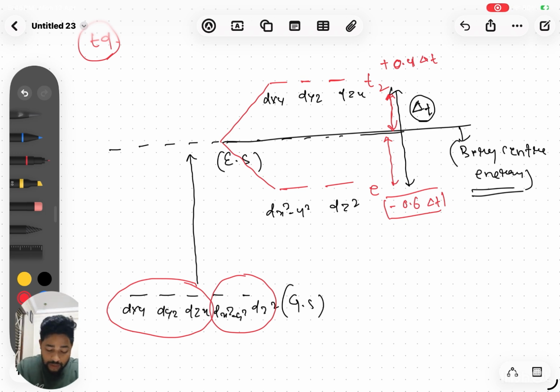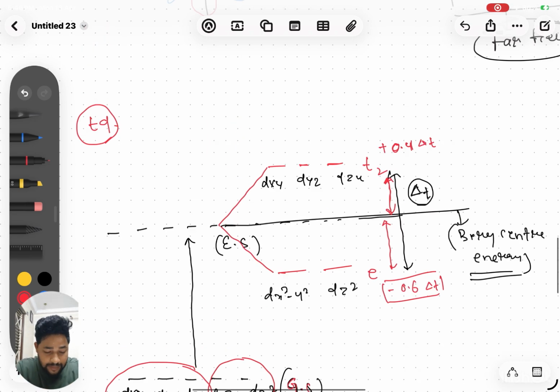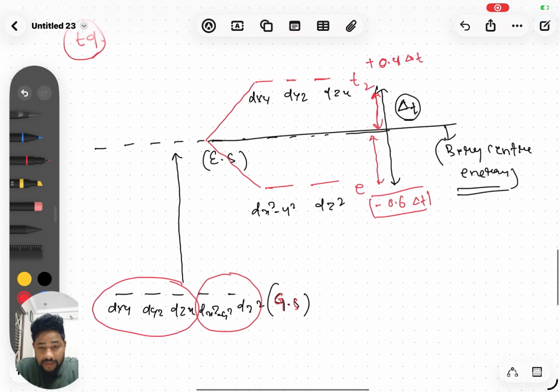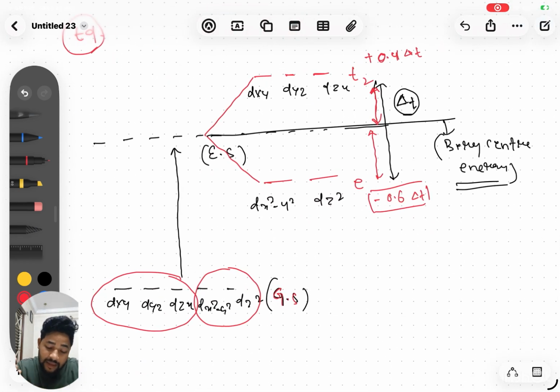I'm repeating again. This is the ground state, where the five orbitals of this metal are present. When ligands approach from infinite distance, due to the same type of repulsion and attraction, the five orbitals are all excited to a degenerate energy level with the same energy.